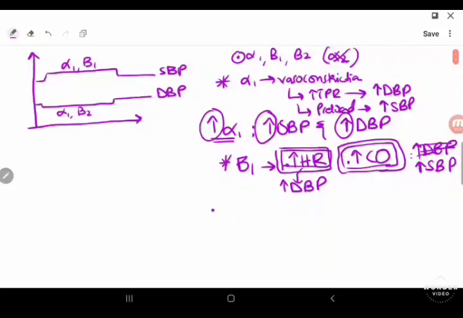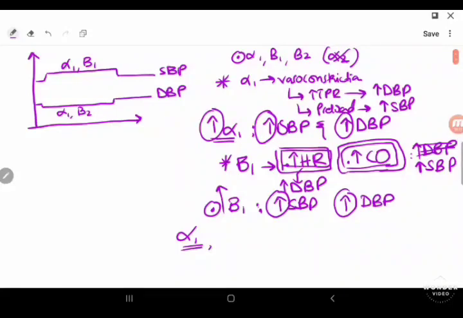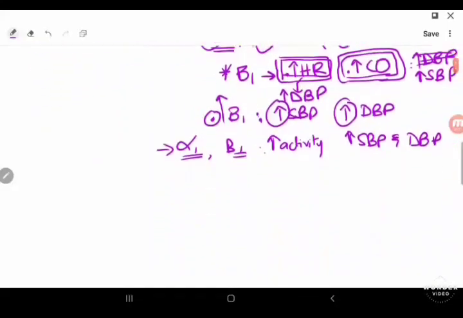So all in all, when there is increased beta 1 activity, there will be an increase in your systolic blood pressure and an increase in your diastolic blood pressure. So both alpha 1 and beta 1 increased activity will increase both systolic blood pressure and diastolic blood pressure. I think it would be easier if you think of it that way.